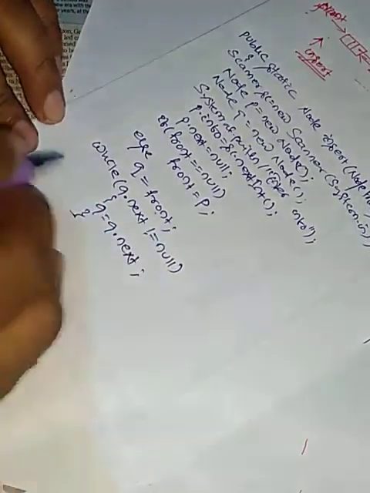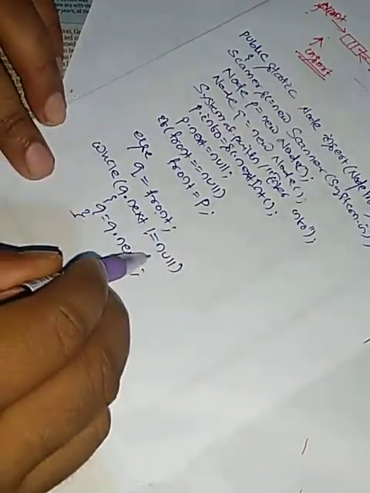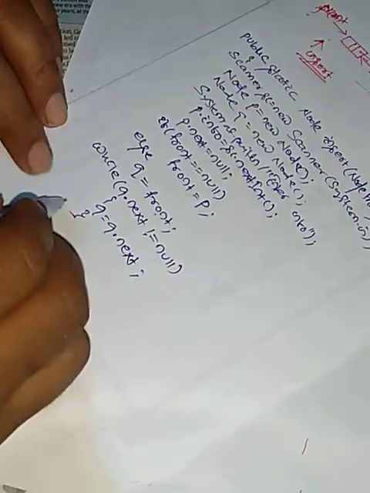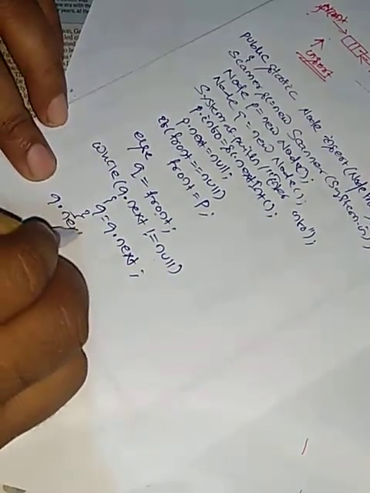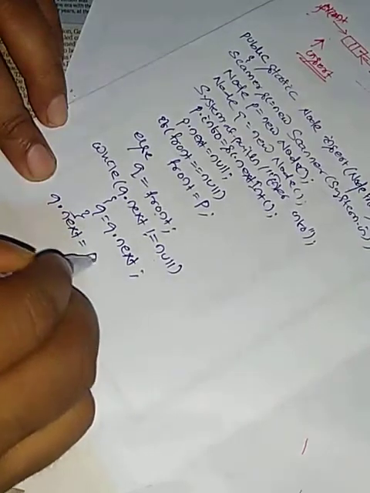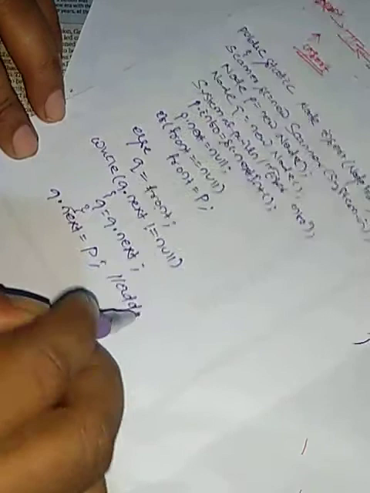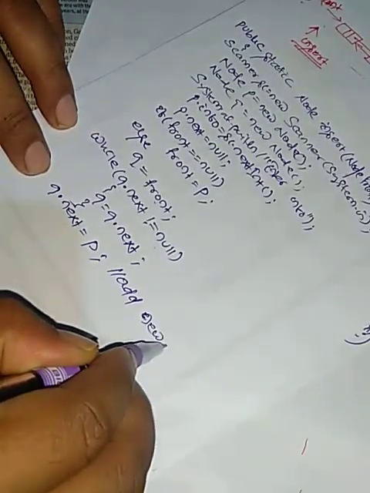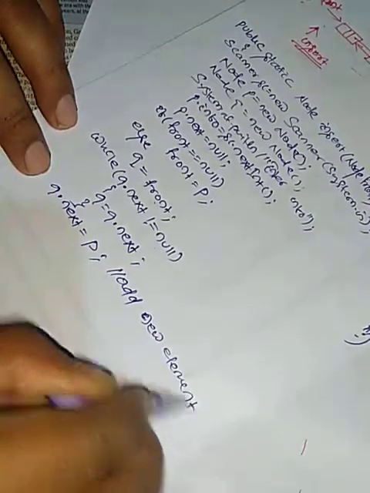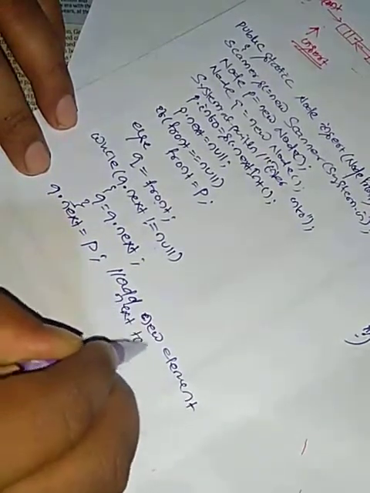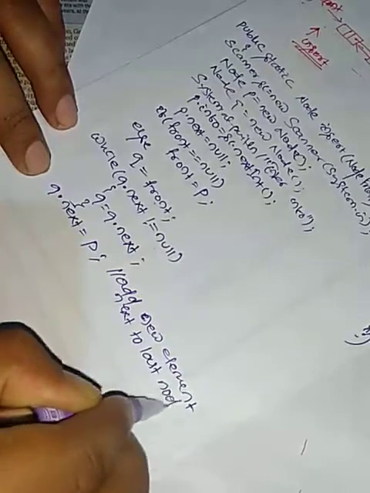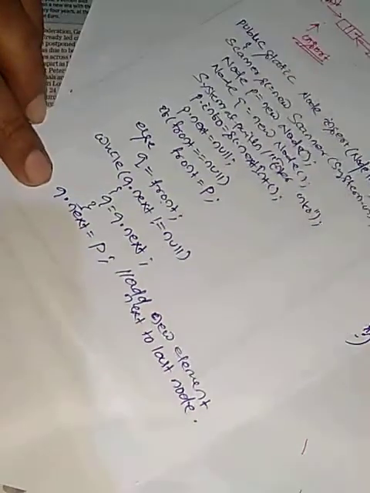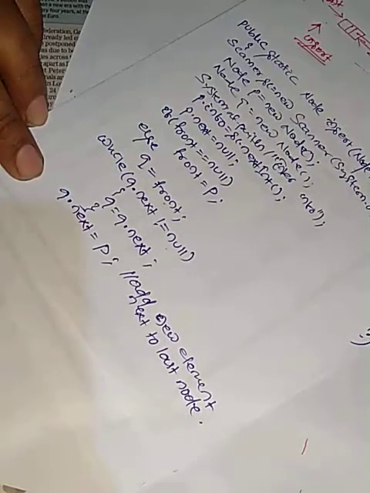So once we reach the last node, we'll simply add the element, q dot next equal to p. That's all. So add new element next to last node. Okay, that means the last node is the rear, so we'll insert node at the rear.